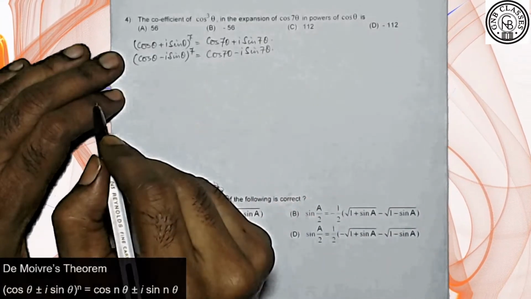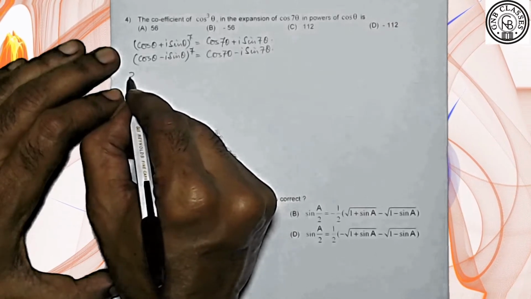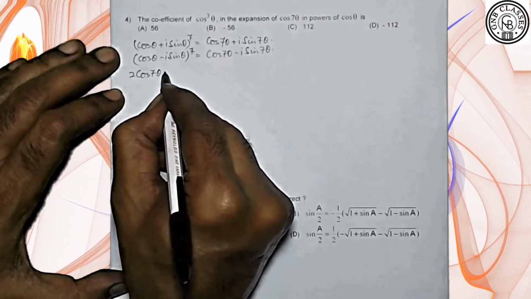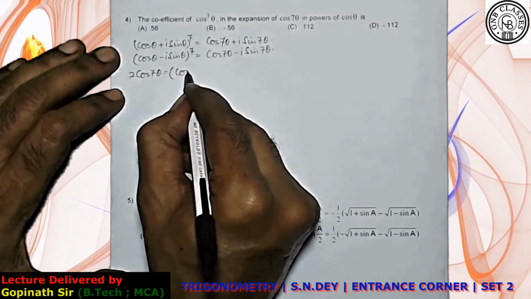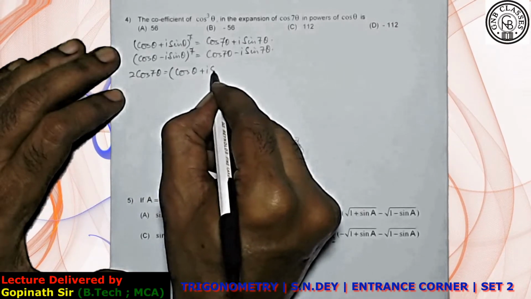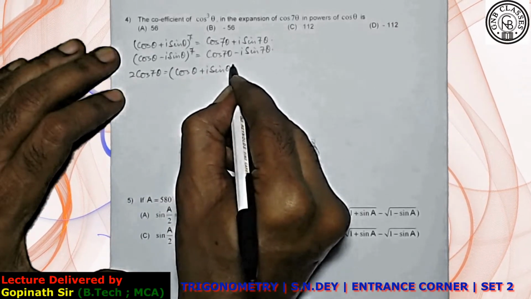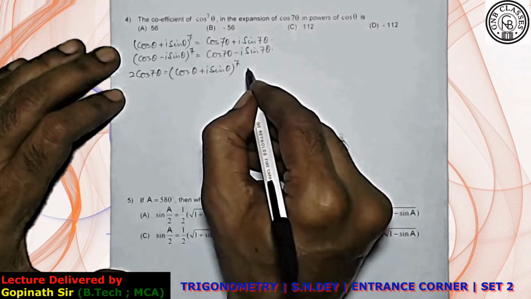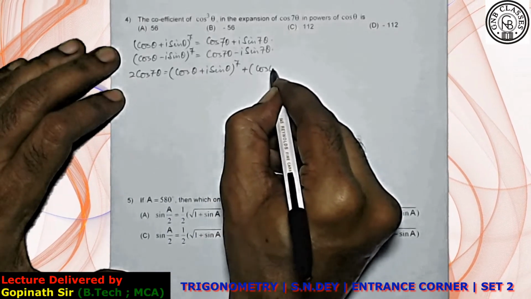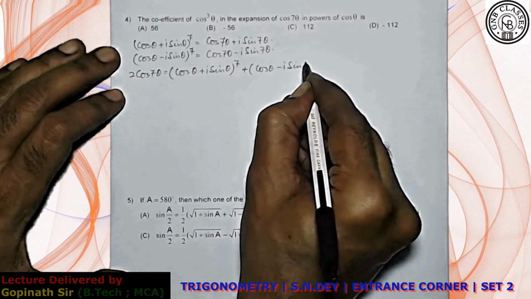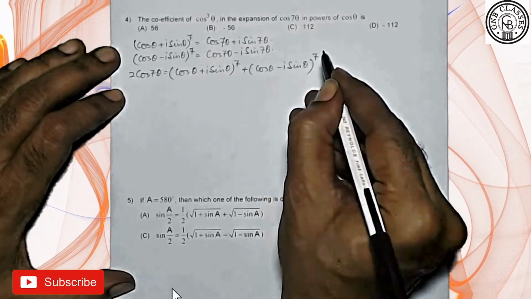Now, if I add the corresponding sides, we will get in the right hand side 2 cos 7 theta equals to cos theta plus iota sine theta whole 7 plus cos theta minus iota sine theta whole 7.